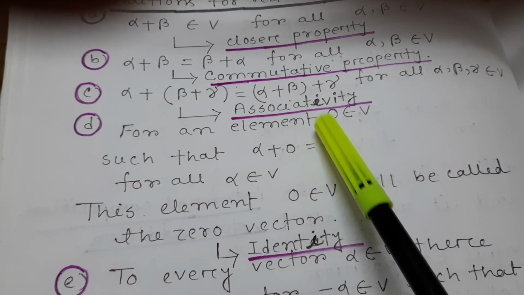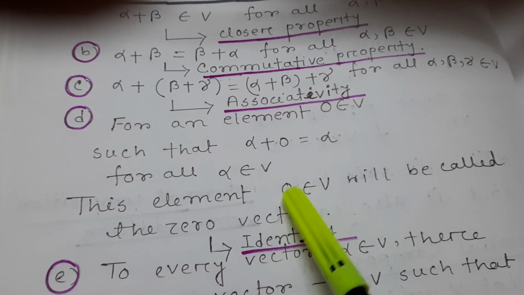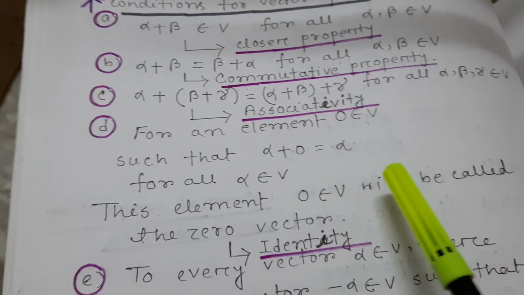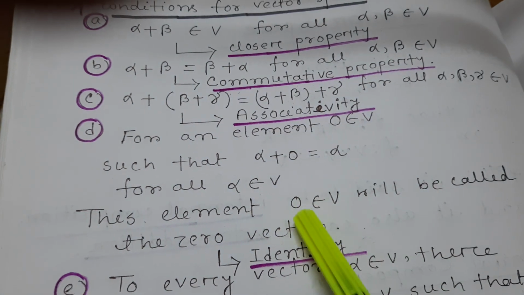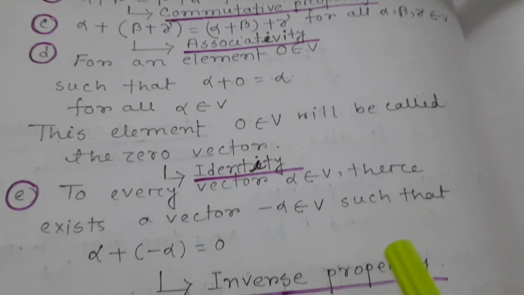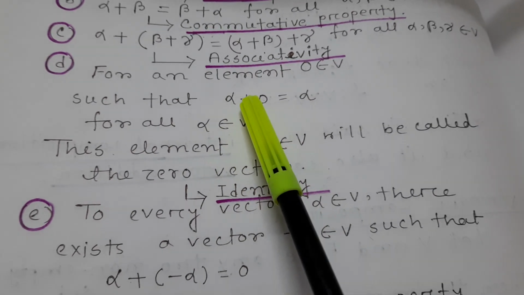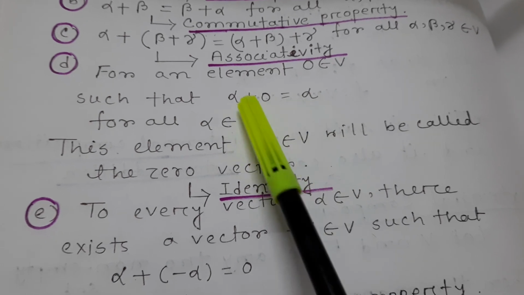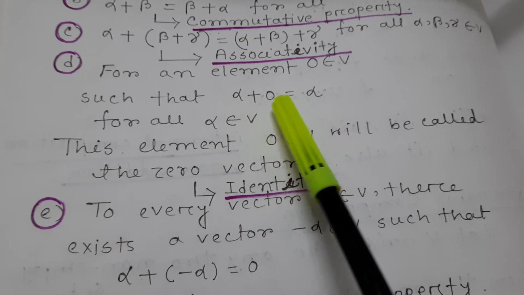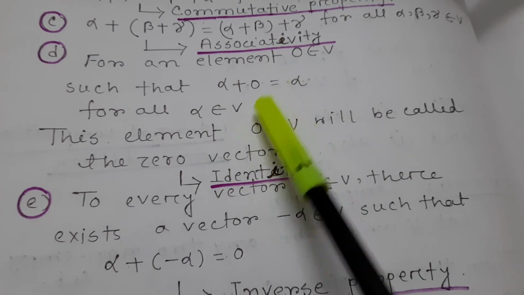For an element 0, which represents a vector element, so it belongs to V. This will be called the zero vector, and this is the identity element, so alpha plus 0 equals alpha. Okay, this shows identity.